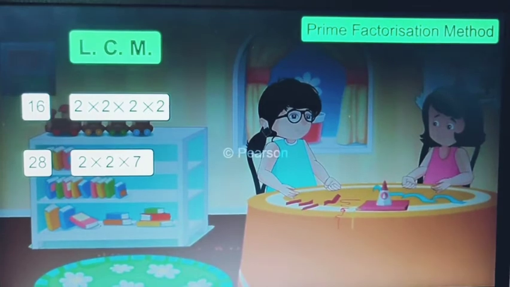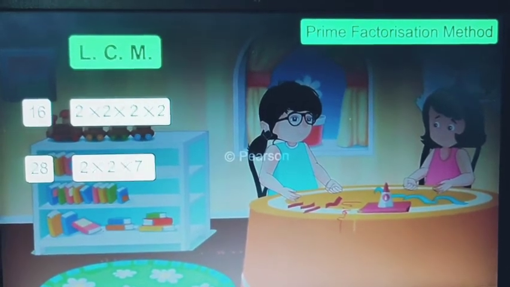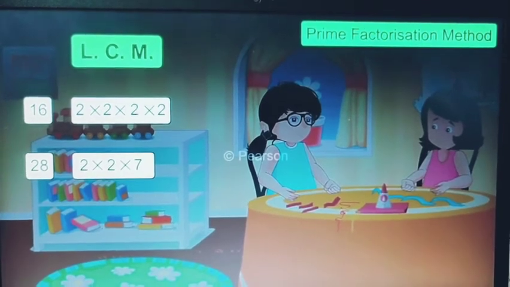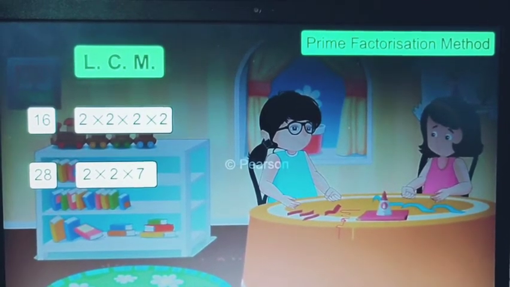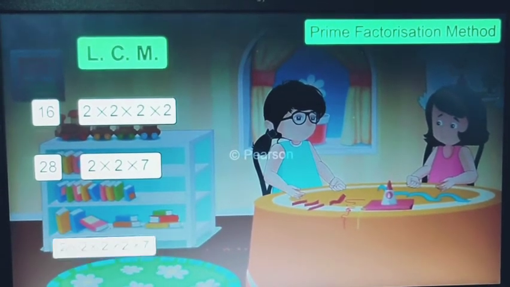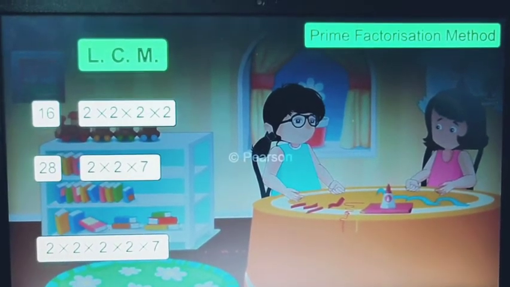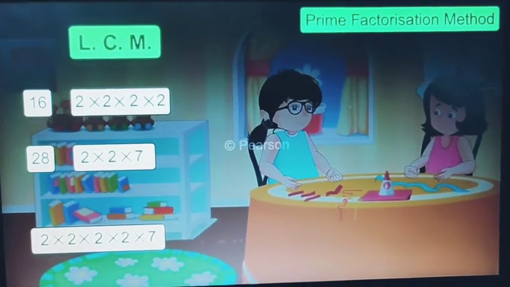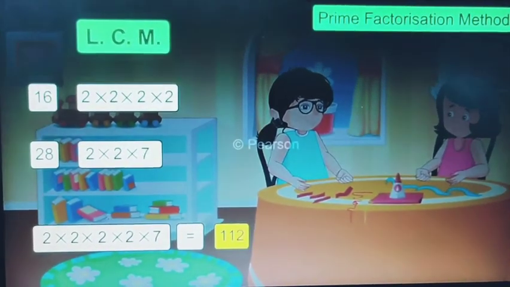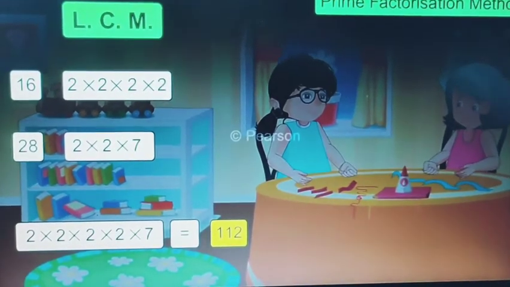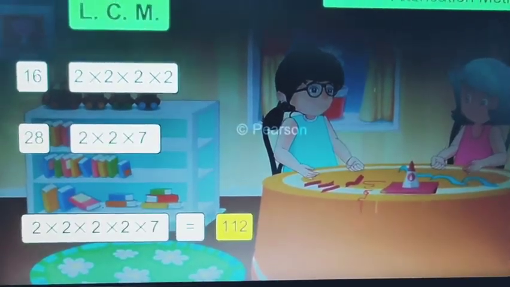To find LCM, we multiply the common prime factors or HCF of 16 and 28 and the remaining prime factors. The LCM is 2 into 2 into 2 into 2 into 7 is equal to 112. Thus, the LCM of 16 and 28 is 112.